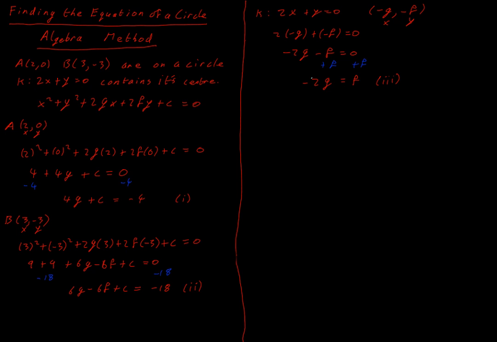So what I'm going to do is sub this value for f, minus 2g, into this equation. That will give me an equation only involving g and c, and then I can do simultaneous equations with g and c to get the values that I need.